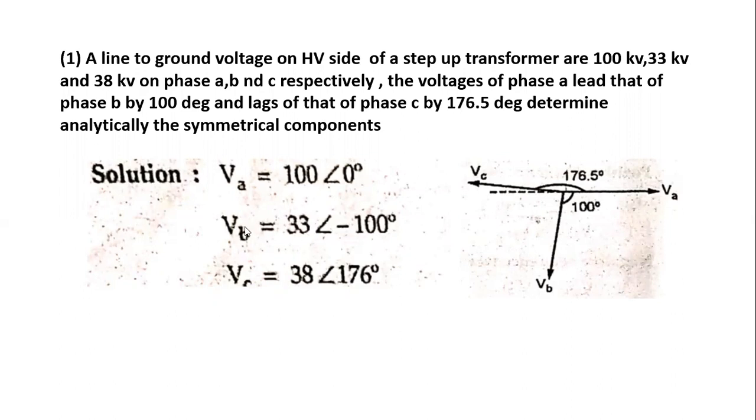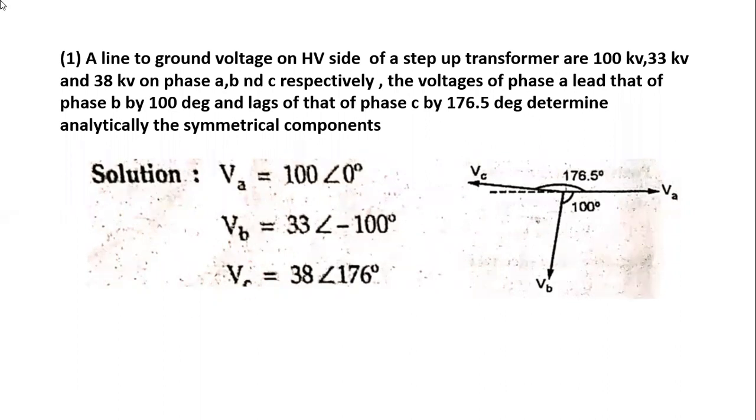Or A leads B, so we consider minus 100. Therefore, the voltage at B phase is 33 at an angle of minus 100 degrees.